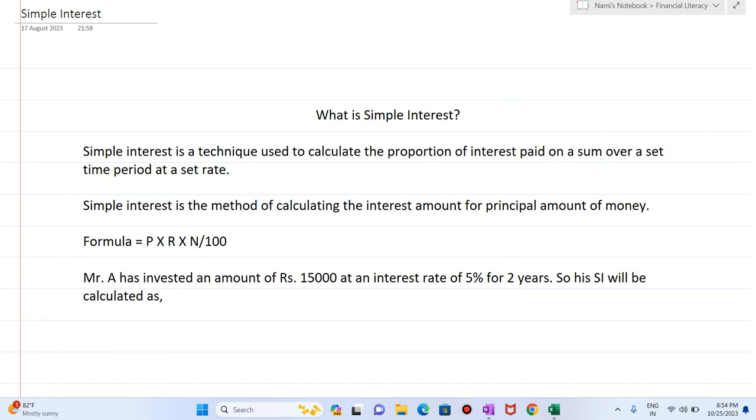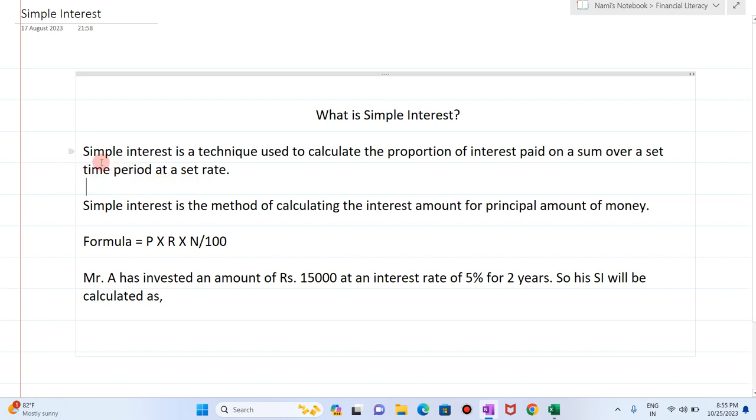First, we need to understand what is simple interest. Simple interest is a technique which is used to calculate the proportion of interest paid on a sum over a set period of time at a set rate.